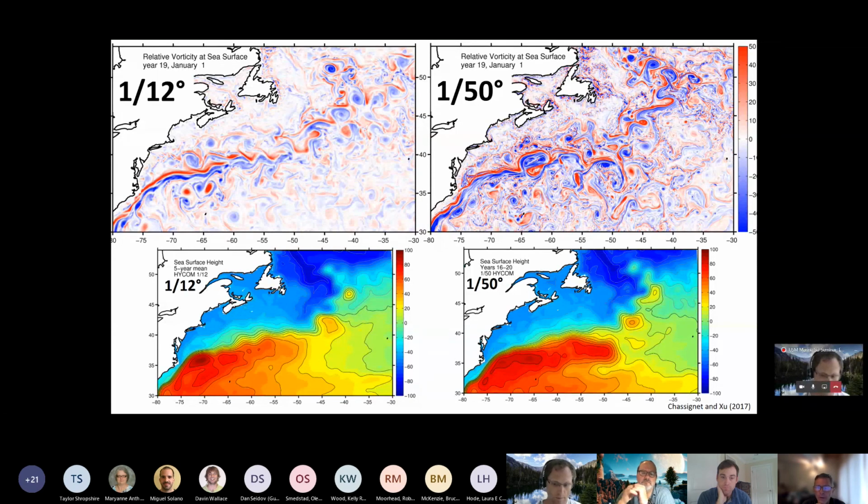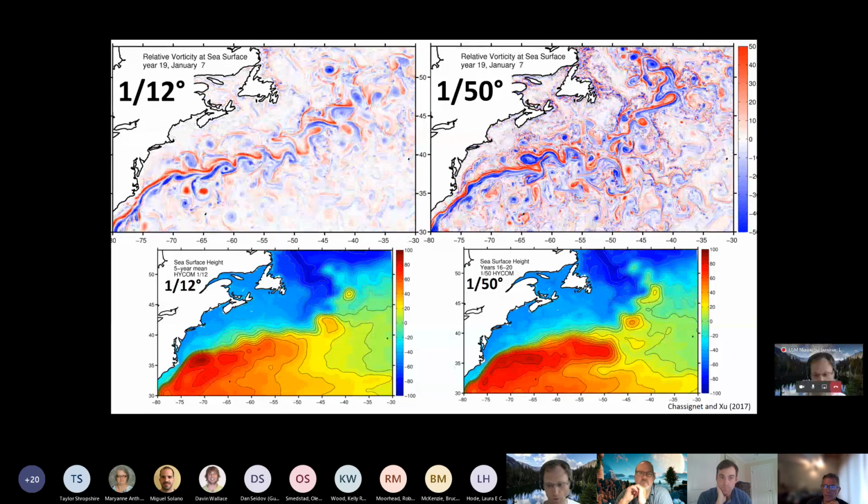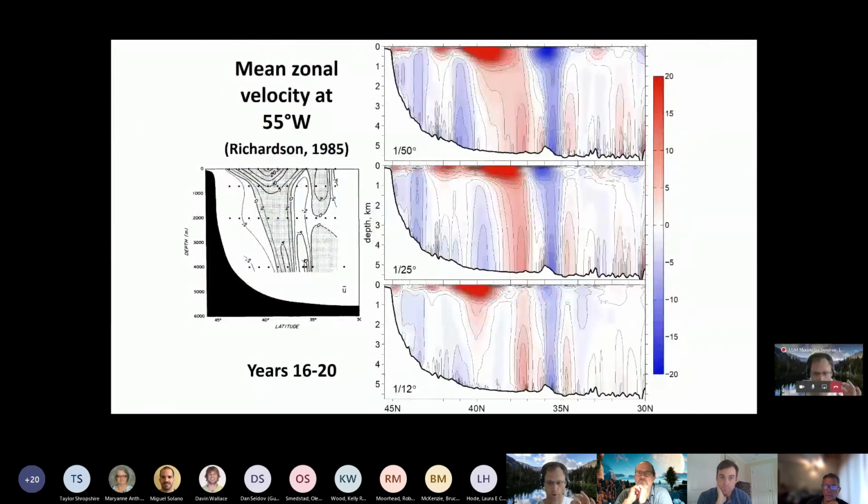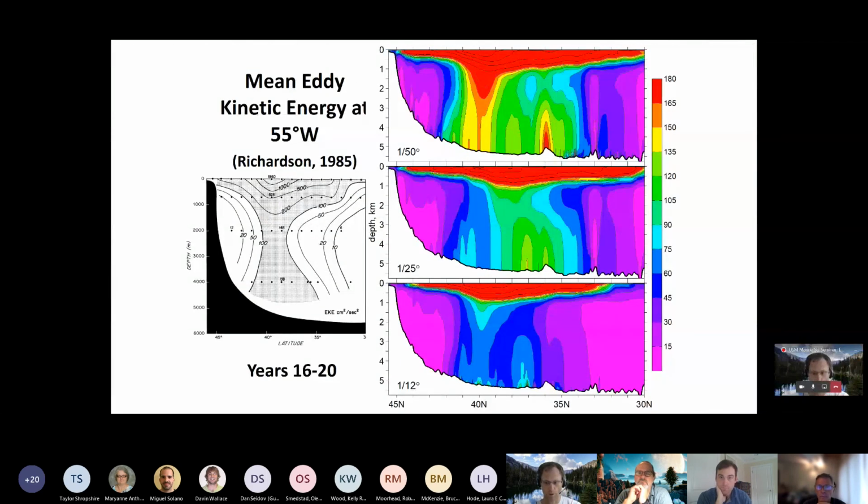Right, and my second question relates to that slide where you show the penetration of the EKE. That's interesting because you don't change the vertical resolution, you only change the horizontal resolution. So what kind of processes drive that penetration if you just increase the horizontal resolution?